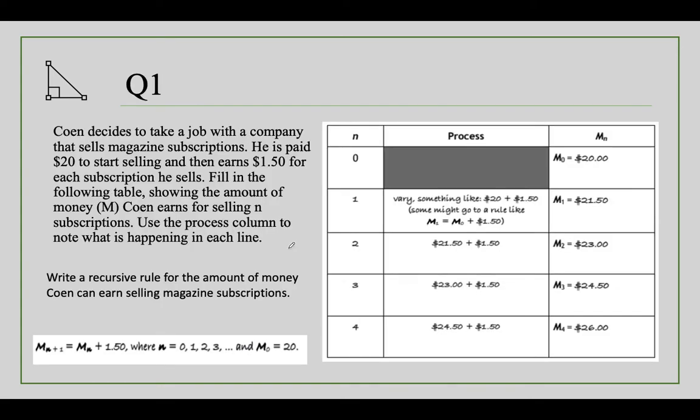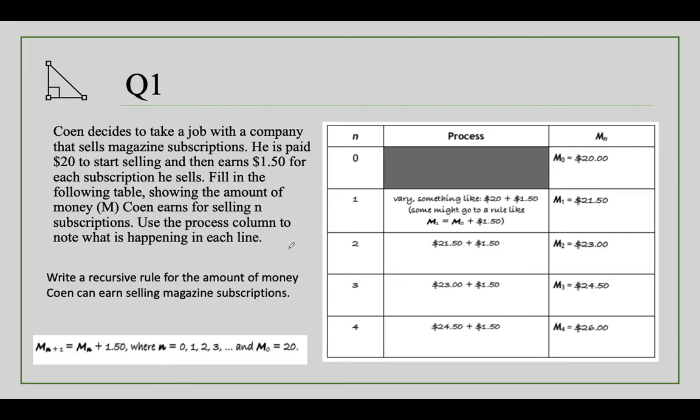So let's look at question 1. Cohen decides to take a job with a company that sells magazine subscriptions. He is paid $20 to start selling and then earns $1.50 for each subscription he sells. Fill in the following table showing the amount of money M Cohen earns for selling N subscriptions. Use the process column to note what is happening in each line.